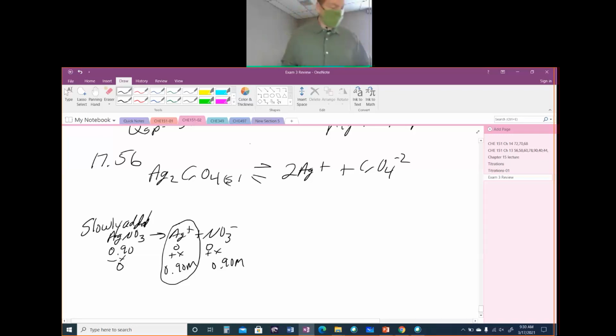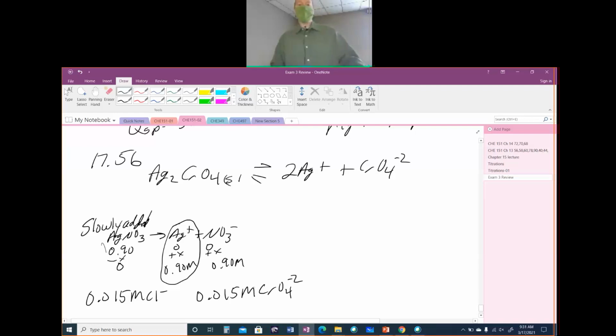We're adding it very, very slowly to a solution that is 0.015 molar Cl minus and 0.015 molar CrO4 minus 2. All right, so we have two reactions going on.